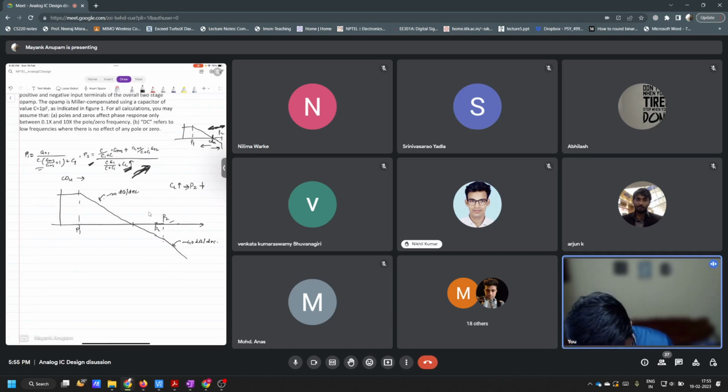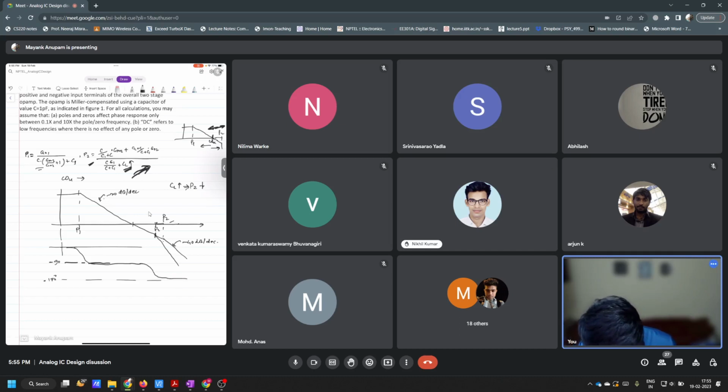So basically in that case, what will happen? Your second pole location might become like this, so your magnitude plot will start dropping from here itself. So the phase plot will be what? Earlier it would be something of this kind, that from here it will simply go to 90 degrees, and it will remain 90 degrees up till here, and then it will go to 180 degrees, okay?